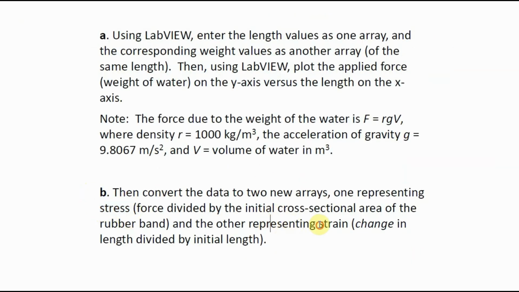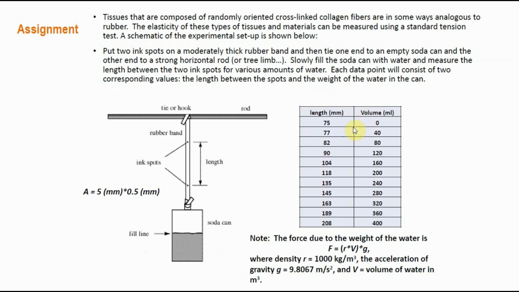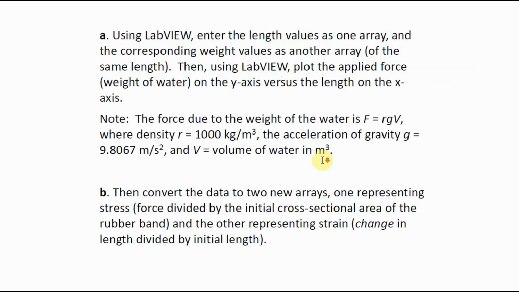And strain is the change in the length divided by the initial length. So instead of using our length as it is, we divide each change of the length by each initial length to get the strain. So we convert data to the new array, and then we make another plot.